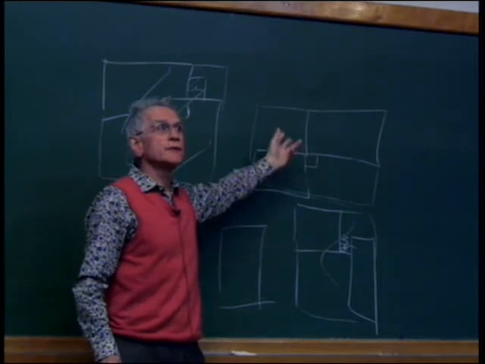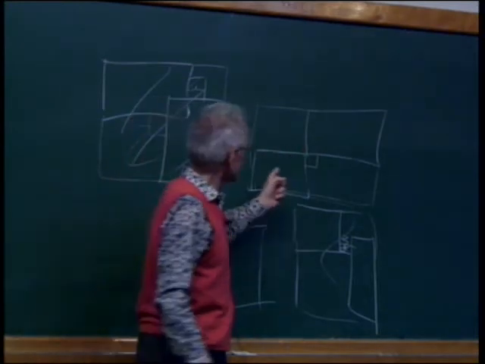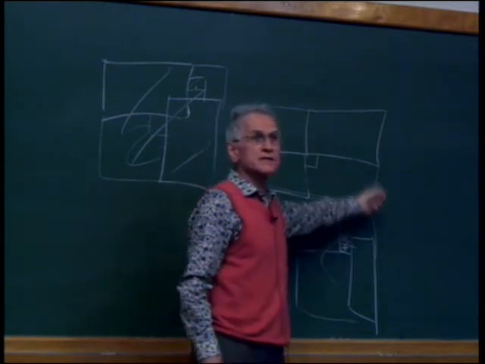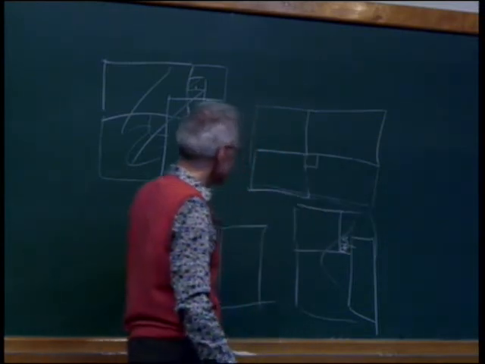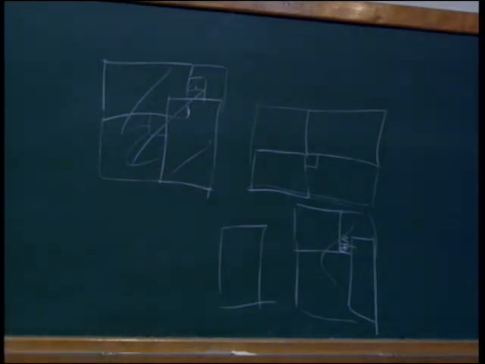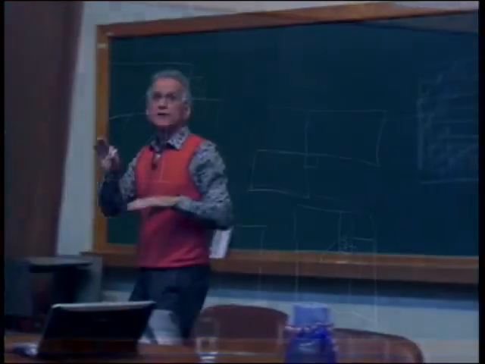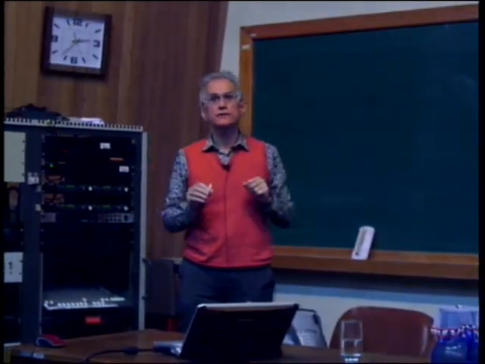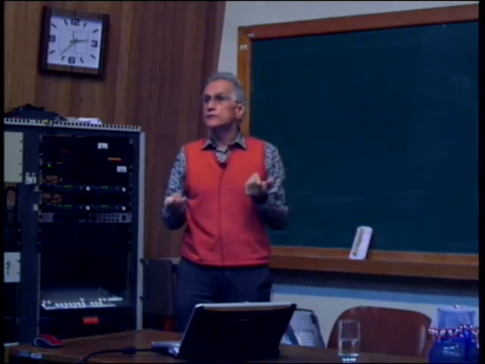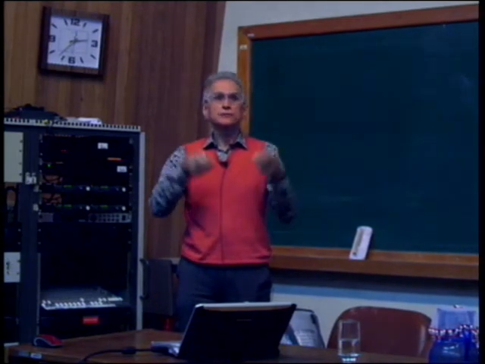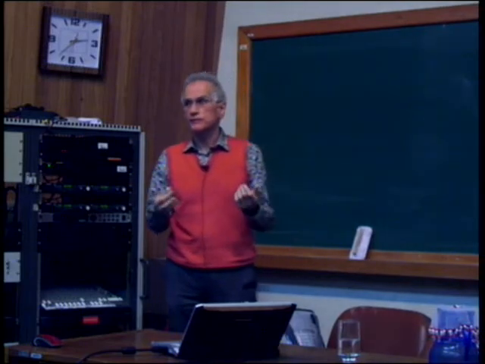What happens to the perimeter length? The perimeter length of the union is at most the sum of the perimeter lengths. It doesn't matter which way it is, it's always the case. So if you take, for example, the maximal perimeter length as the process continues, what do you see? That it at most doubles.